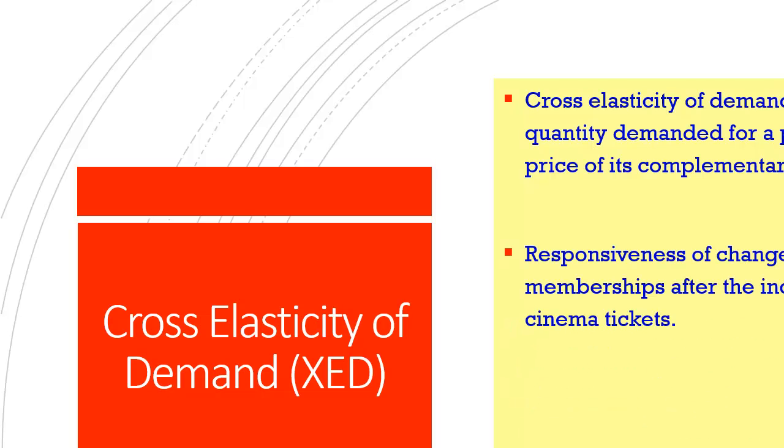An example of this is if we wanted to know the responsiveness of the change in demand for Netflix memberships after the increase in the price of cinema tickets. Product number one is the Netflix memberships, and the price increase is in the cinema tickets.